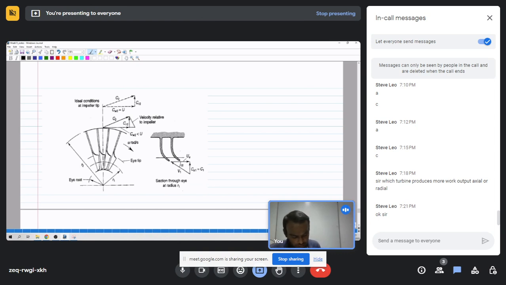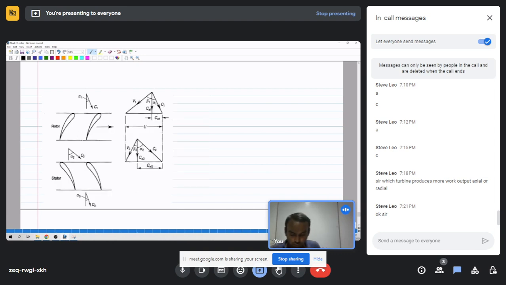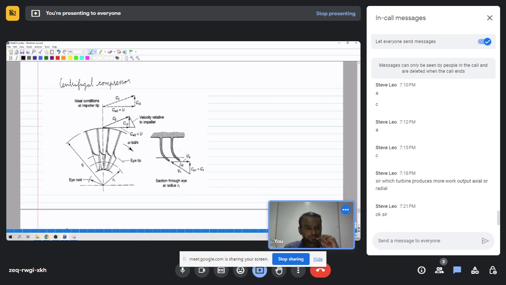So this is for the centrifugal compressor, and this is for the axial compressor.